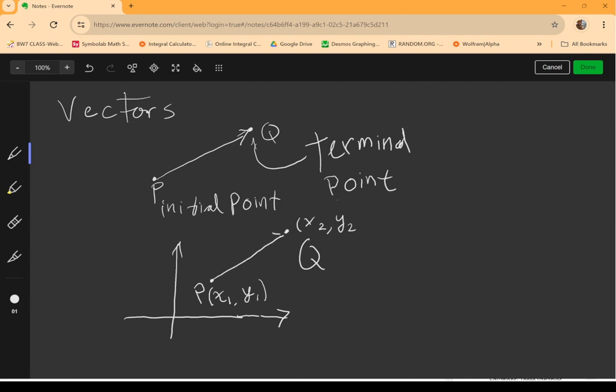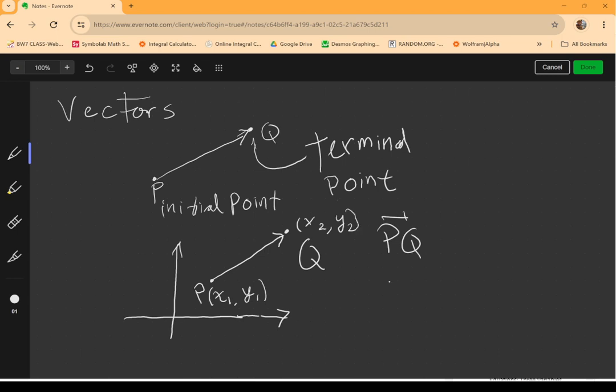And we have our vector PQ defined in that manner, in space between those 2 points.